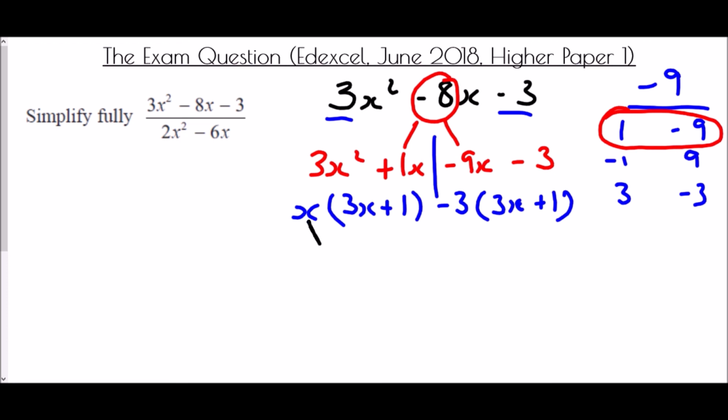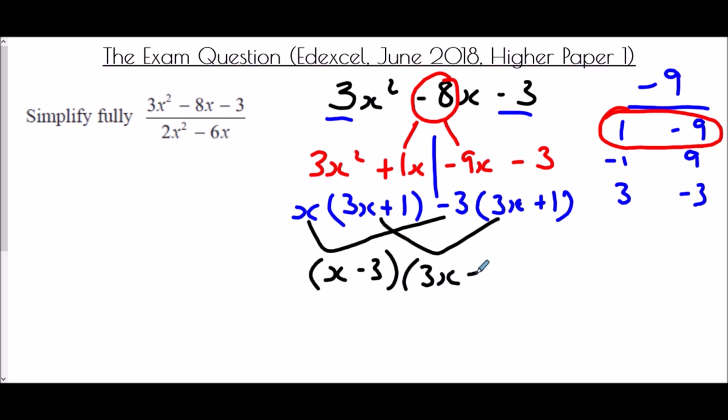So let's bring together the two factors. X take away 3. And the common factor, 3x plus 1. And so that is now the top of my expression. The bottom I also want to simplify, and I want to simplify by factorising. And so I need to find the common factors of 2x squared and negative 6.